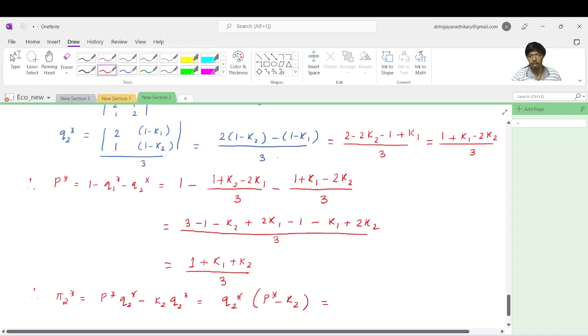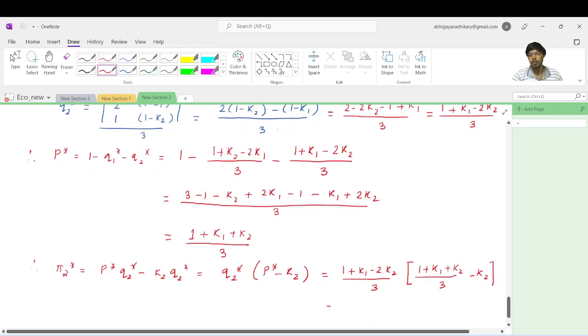So q2 star is basically 1 plus k1 minus 2k2 divided by 3, and this will be 1 plus k1 plus k2 divided by 3 minus k2. So this is 1 plus k1 minus 2k2 divided by 3, and this is 1 plus k1 minus 2k2 whole divided by 3.